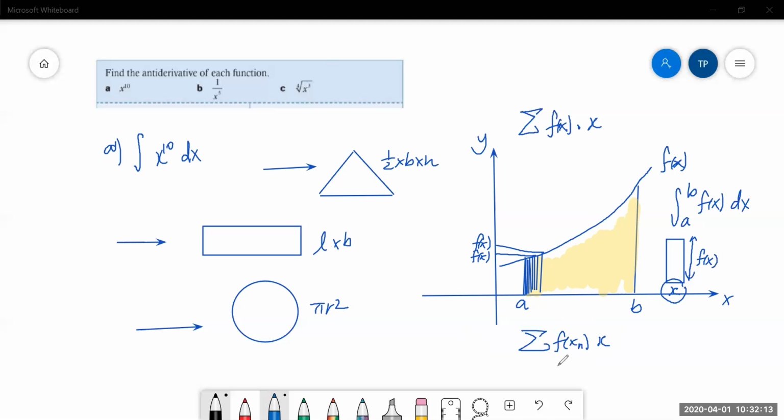And we want an infinite amount of values of this, so we want n to tend towards infinity. This x, because it's so small, mathematicians name it delta x.